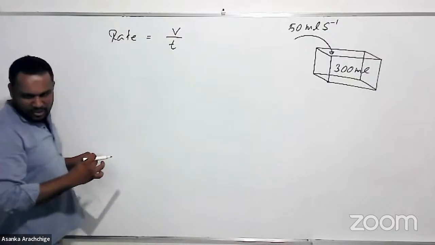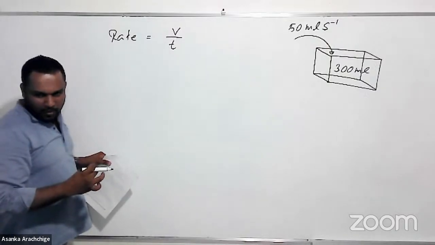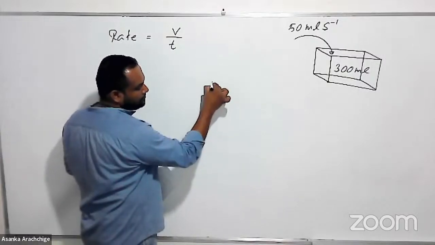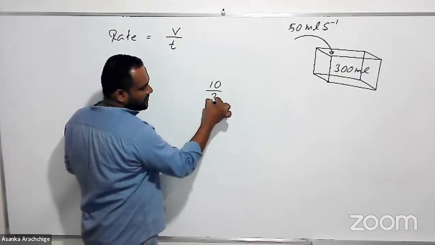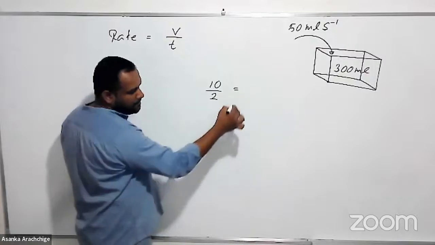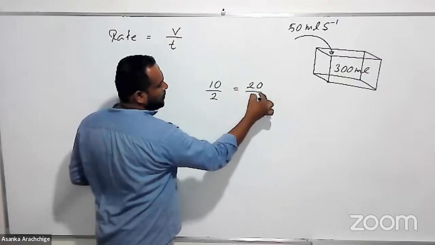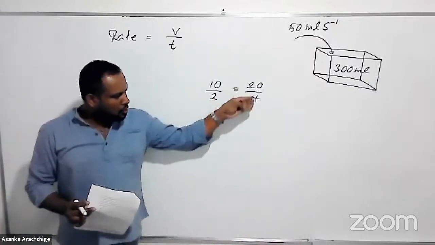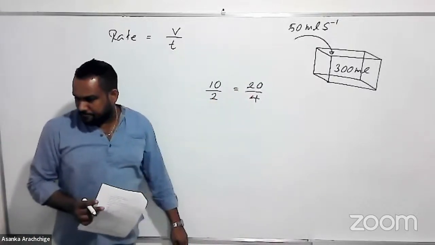Even last week, I taught you this method. For example, 10 division 2 is 5. That is equal to 20 division 4. 10 upon 2 and 20 upon 4 are equal.